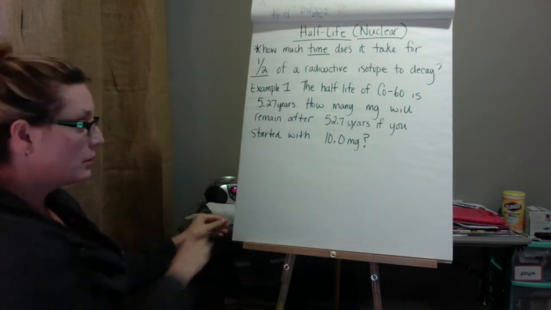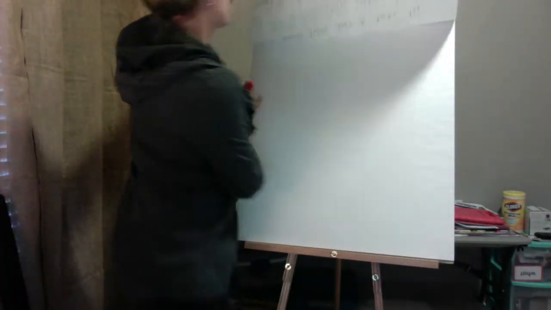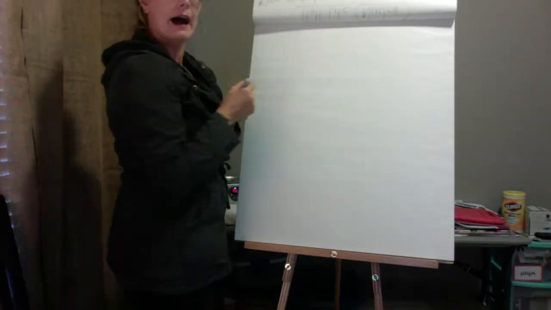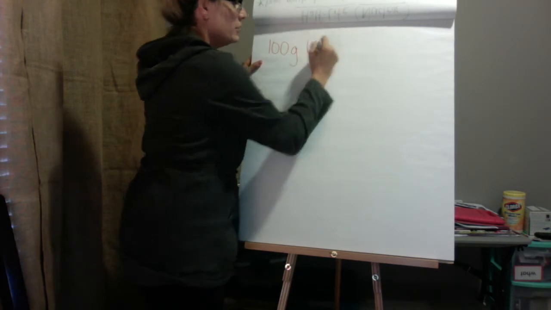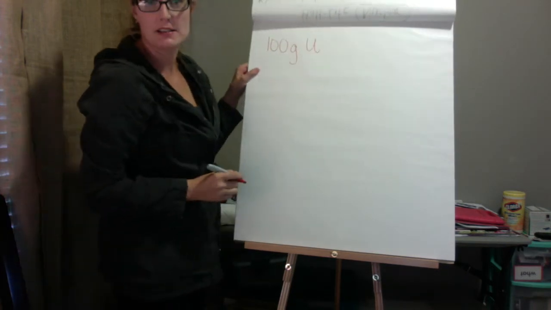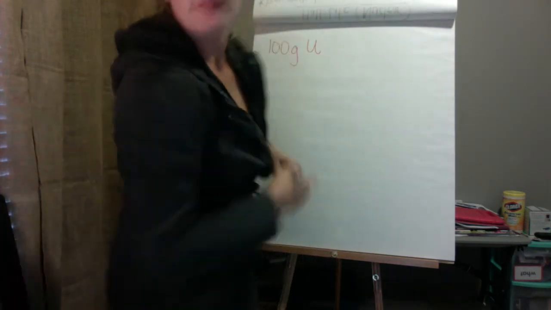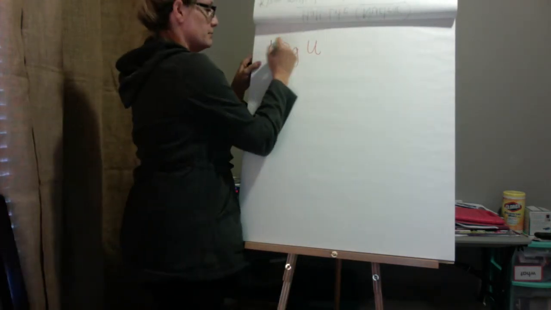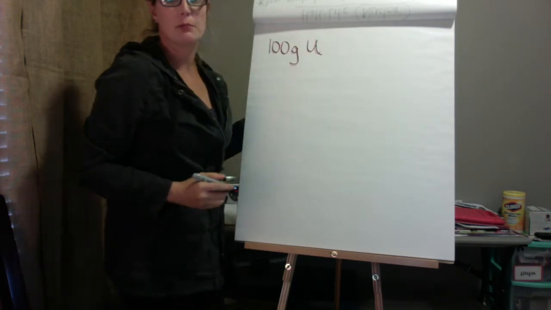For example, I'm going to show you on a different sheet. Let's say that I have a 100-gram sample of a uranium isotope. A 100-gram sample. I found that in the earth. Let me write this in black because that red's not showing up very well. So I have a 100-gram sample.